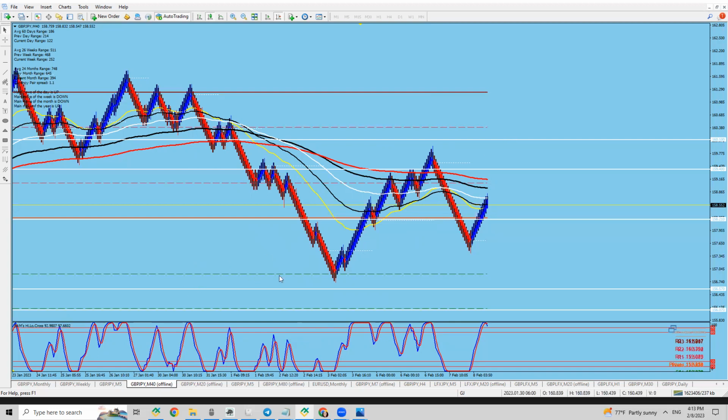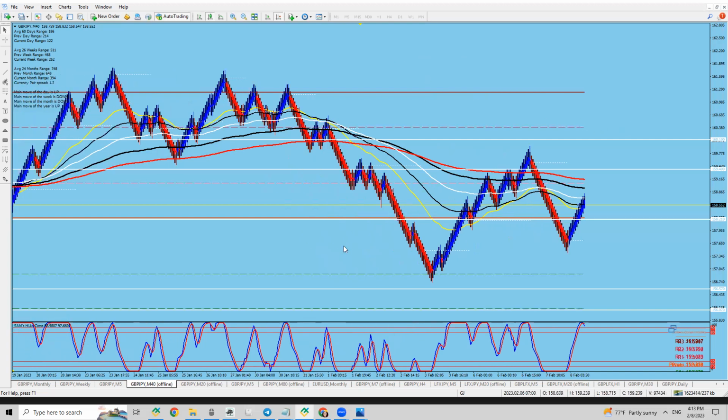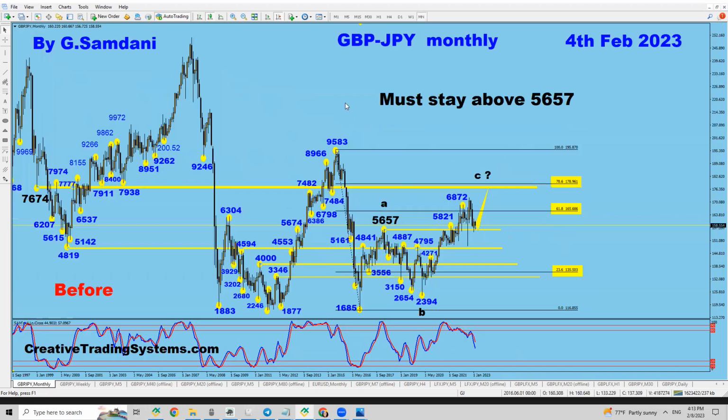Now, using the Fibonacci tool, when you open a pair, let's say we open this pound yen, and we try to see what is happening in this pair. Starting with the monthly chart, first of all, look at the monthly chart, usually I give you those charts, monthly and weekly.